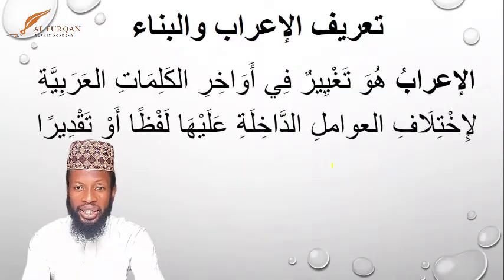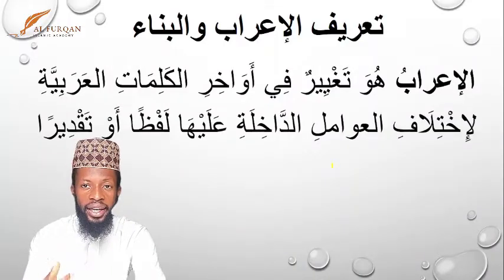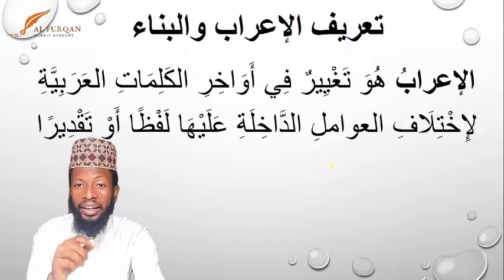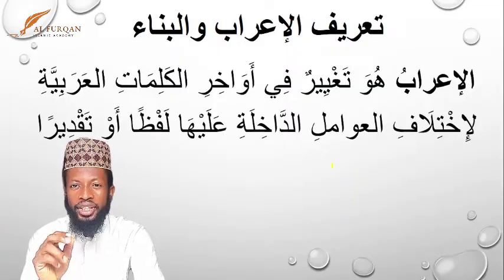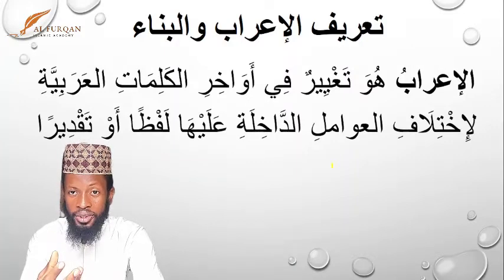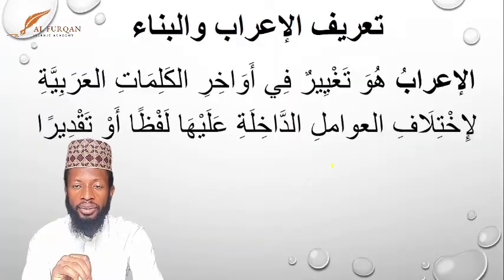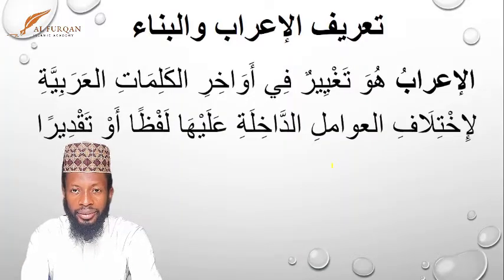That they don't change arbitrarily, but they change لاختلاف العوامل الداخلة عليها لفظا أو تقديرا. The changes can be lafzan, something you pronounce, like Muhammadun, Muhammadan, أو تقديرا, or it can be estimated, not pronounced. Take for example, we say Musa Rasulullah.